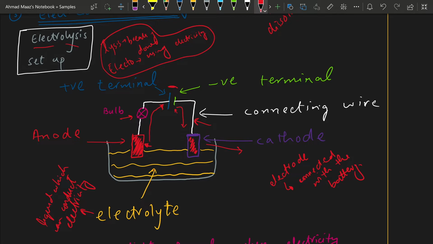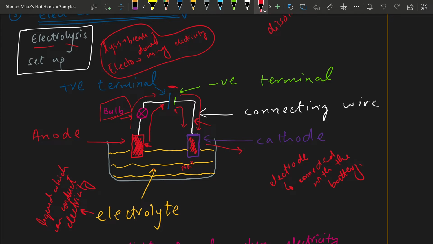If this electrolyte is a conductor, then we can assume that this bulb will light up. The electrons will flow from here to here, and this is the cathode. Cathode is the negative terminal. It must attract the positive ions, let's say the sodium ions over here.